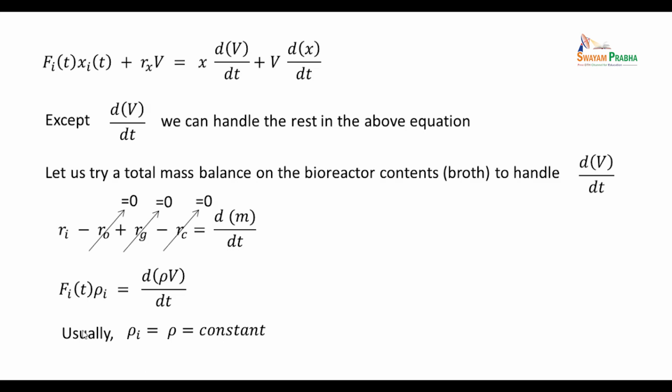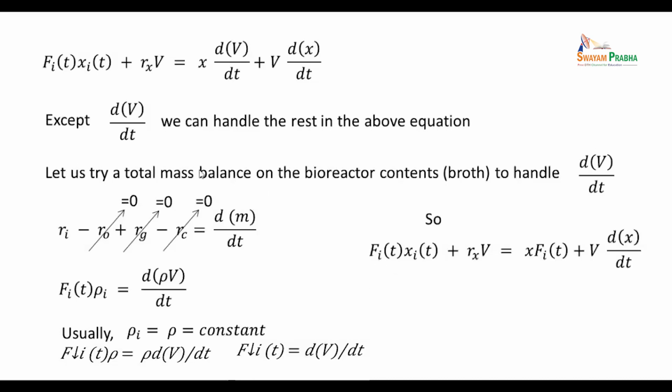Usually, the inlet and outlet densities are the same and a constant. Therefore, we can take them out of the derivative. Fi(t) times rho, which is the constant density, equals rho times dV/dt. So Fi(t) is dV/dt, cancelling rho on both sides.